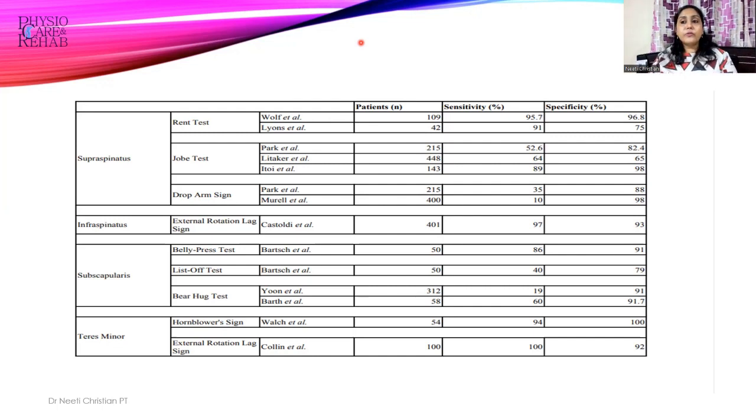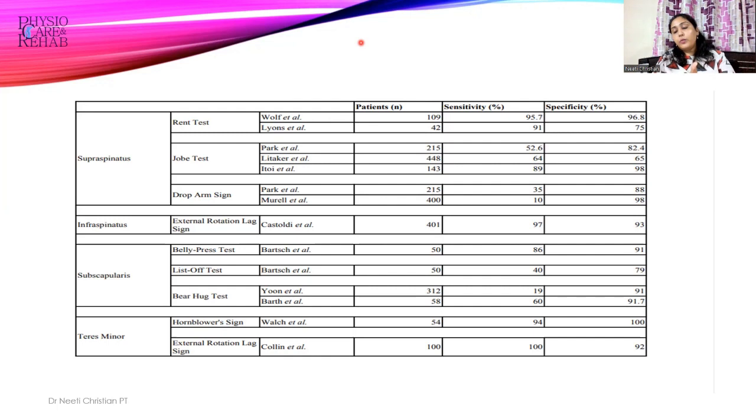Unfortunately, we will not be able to cover the clinical perspective of these tests, and we will not be able to give you a demonstration of these tests. So let's stick to the topic only.